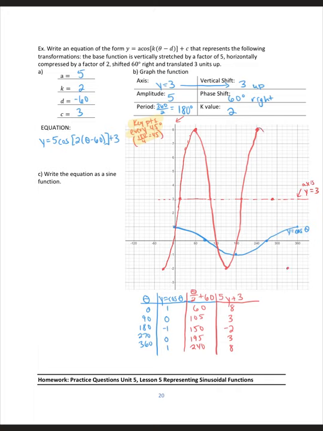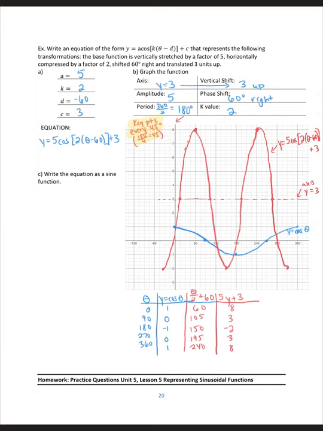You're just following the pattern of that graph. Okay, and that's how we could extend the graph. So this is our transformed cosine function, which is 5 cos in brackets 2 theta minus 60, plus 3. Couldn't squeeze it all in there.